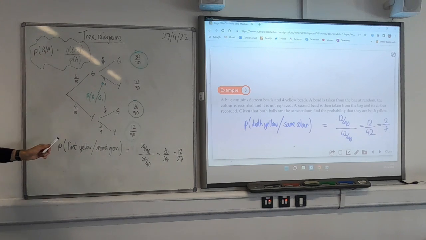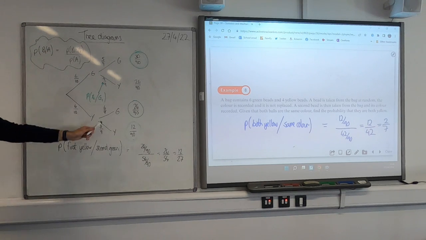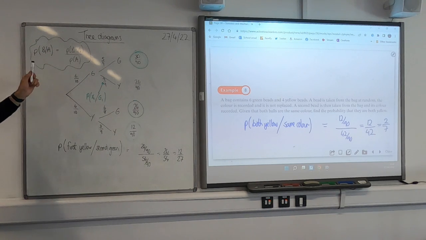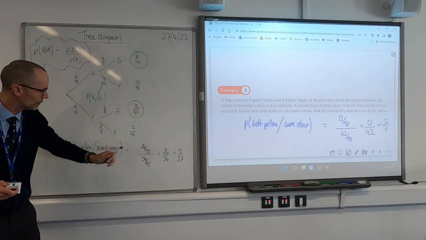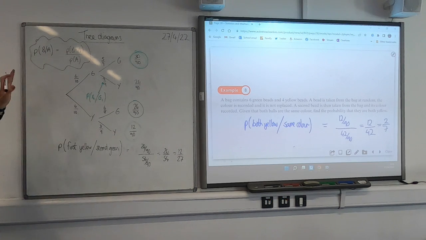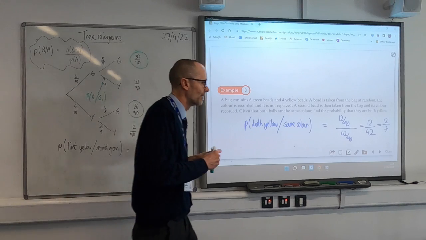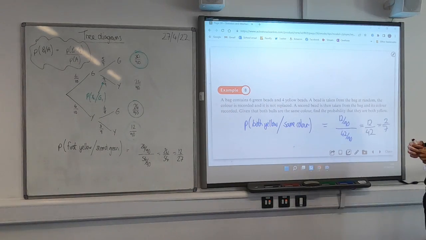B given A. What's the probability of A? Probability of second green, 54. What's the probability of these two things happening together? The first one being yellow and the second one being green, 24 over 90. So I'm not a fan of using the formula. We did have that one question yesterday where it was probably necessary because it was a bit more sort of algebraic, but you know, this is just an application of that formula.